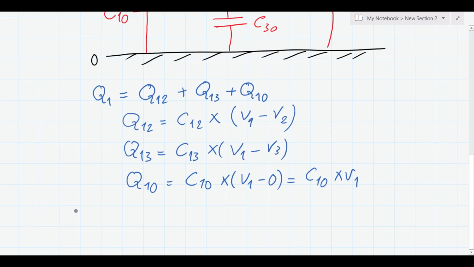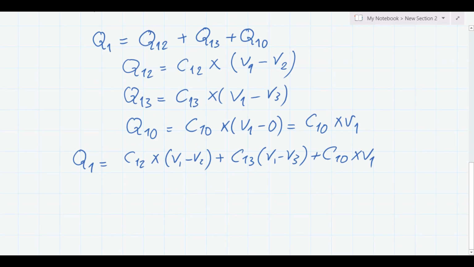Let's sum up our equation again. Q1 equals... Okay, let's reorder this equation with respect to the voltages. Q1 equals V1 multiplied by, we have a V1 here, therefore we have C12 here. We have a V1 here, therefore plus C13.